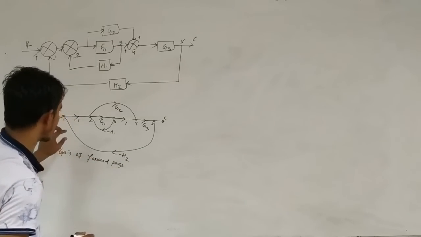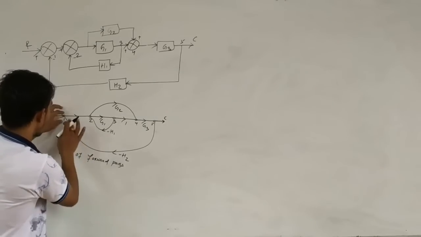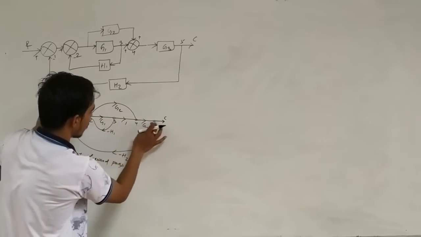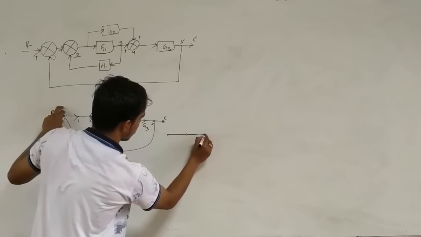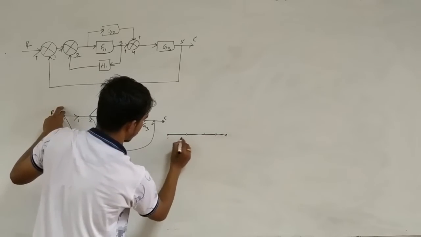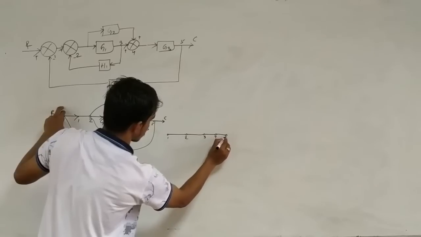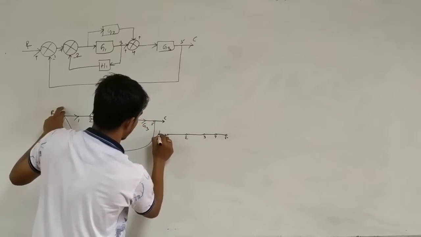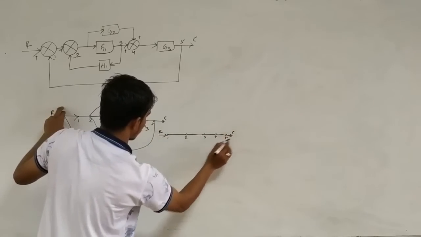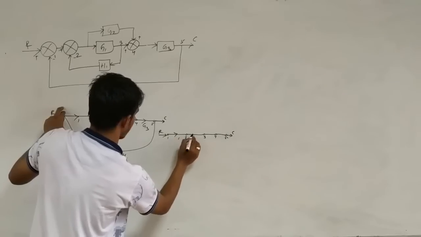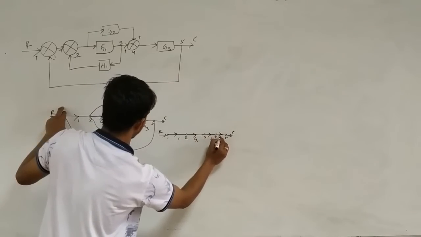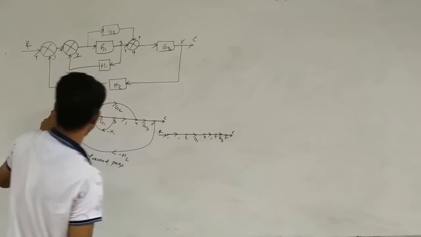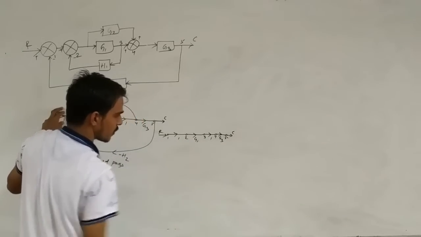How many forward paths are there? See, node 1 to 2, 3, 4, 5. This can be a forward path, with gains 1, G1, 1, G3. This is a forward path straight away.